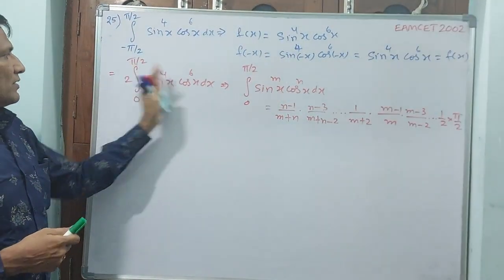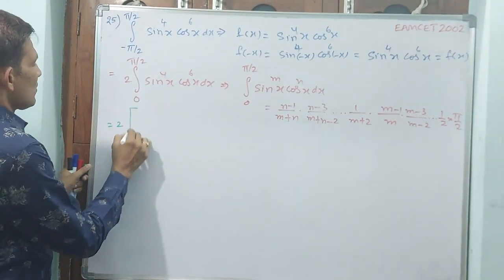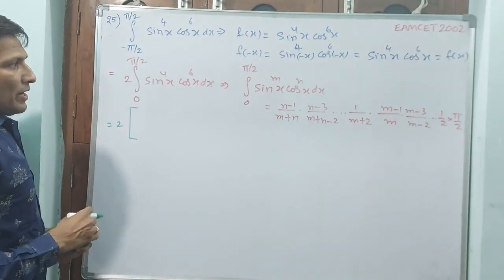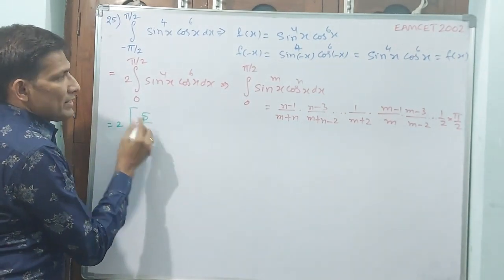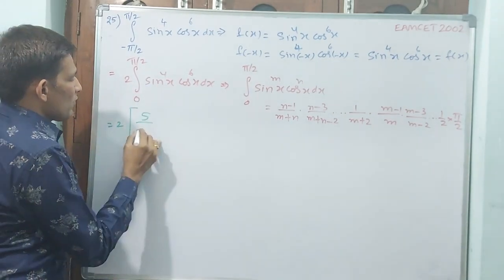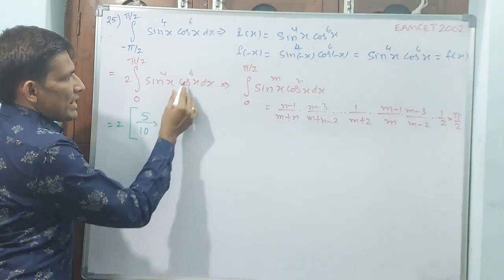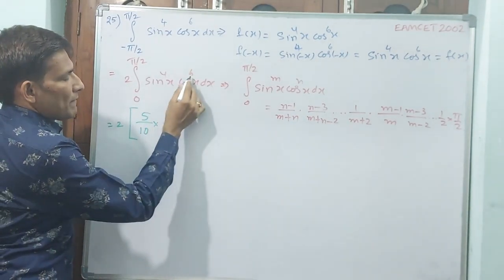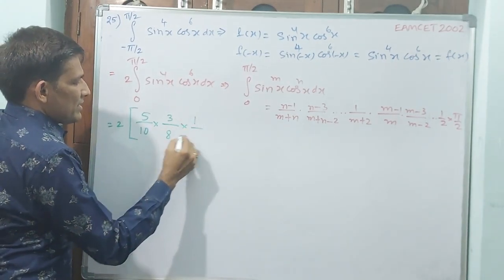This is there for this one, then 2 is up there already. Then we write that is equal to 2 times of n minus 1. n is here 6, 6 minus 1 means 5, 5 by m plus n, 4 plus 6, 10, into n minus 3, 6 minus 3, 3 by 8, 1 by 6.